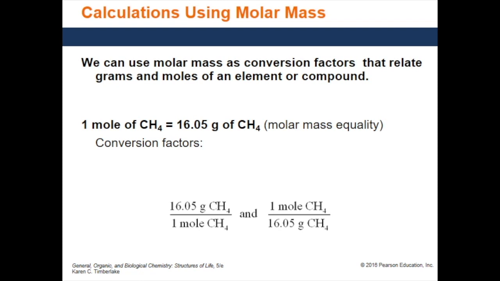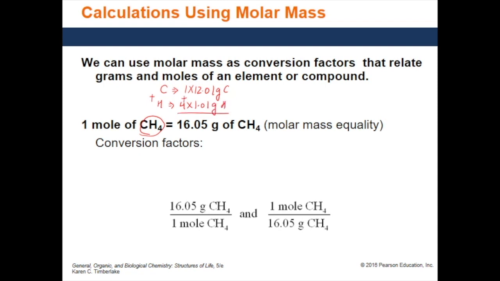Okay. Next example you see right here. What is the molar mass of CH4? Methane. Again, this consists of 1 atom of carbon. So the mass of carbon would be essentially 1 times 12.01 grams from the periodic table. And it consists of hydrogen. How many? 4. So 4 would weigh 4 times 1.01 grams of hydrogen.